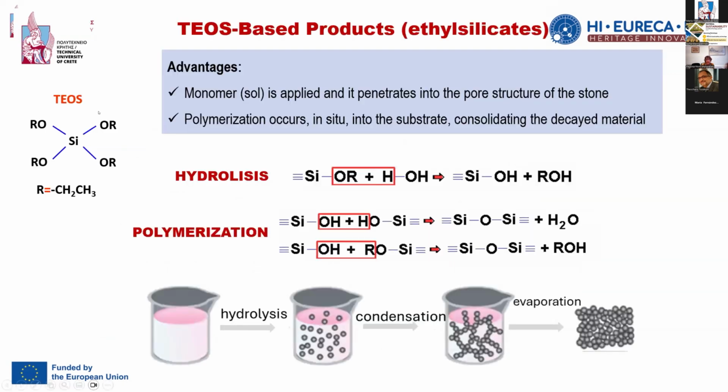So, the precursor material for the sol-gel process and the products derived for the application of the conservation of concrete structures is this one, the so-called tetraethyl silicate, in which we have a structure with an atom of silicon and then four bonds with oxygen and ethyl groups.